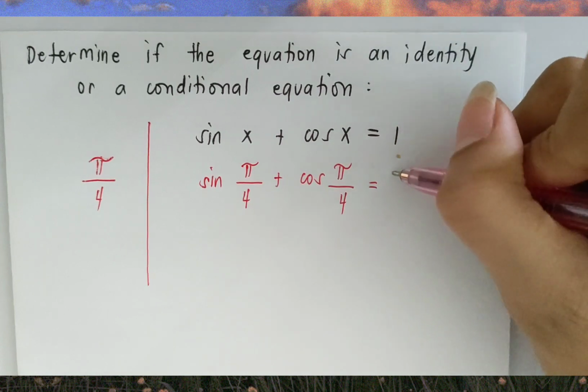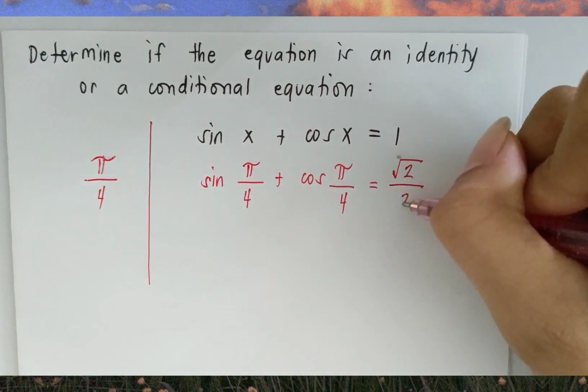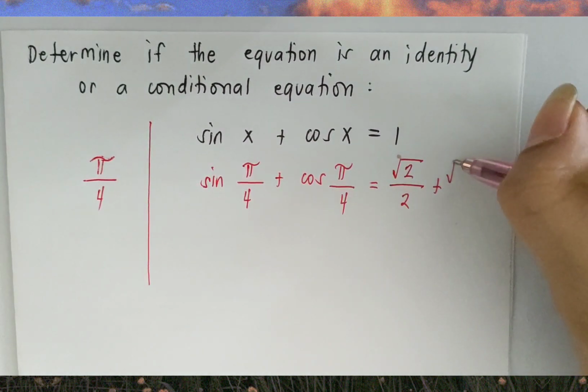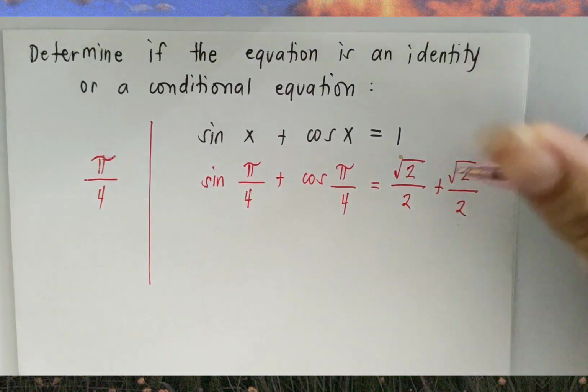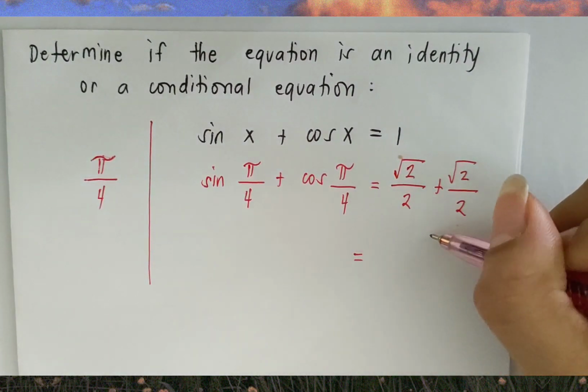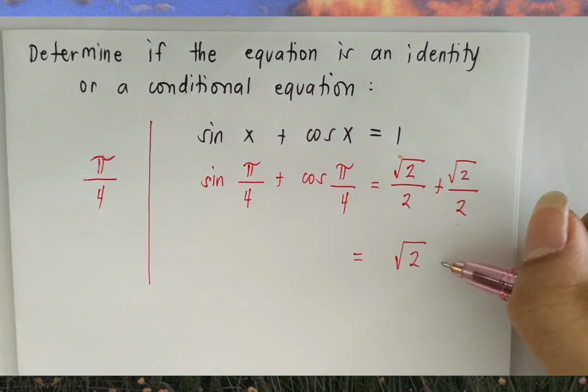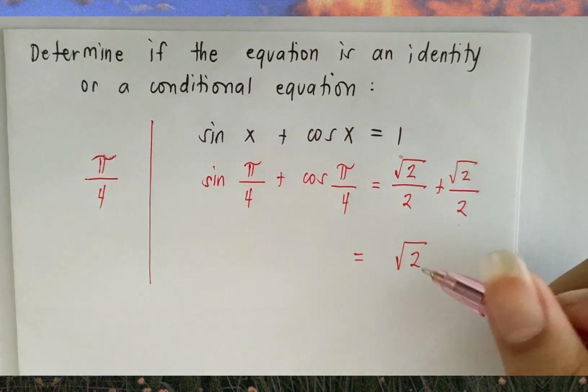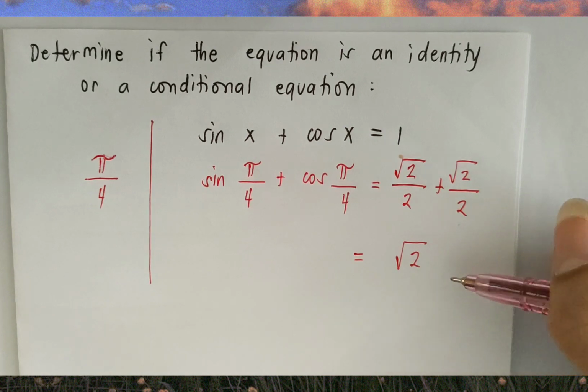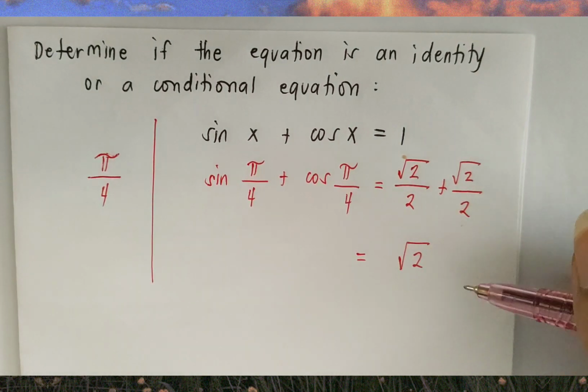This is equal to square root of 2 over 2 plus the square root of 2 over 2. So we have the square root of 2, which is not equal to 1.